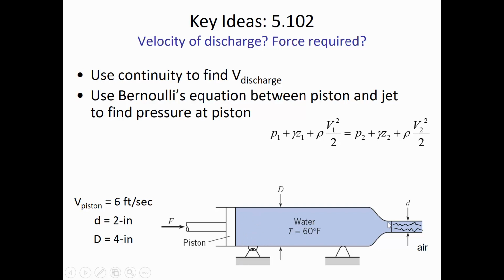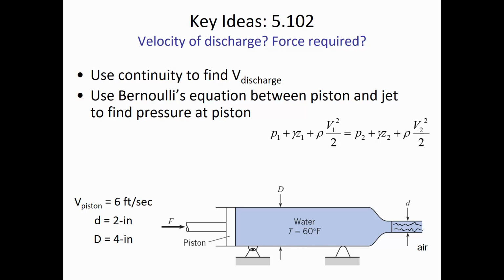There has to be a certain pressure to be forcing the water out through this orifice. And if you know the velocity of the water that's going out of the orifice, and we do, that'll be V2. V1 will be the velocity of the water that's inside of this larger diameter tube, and that's given as 6 feet per second.